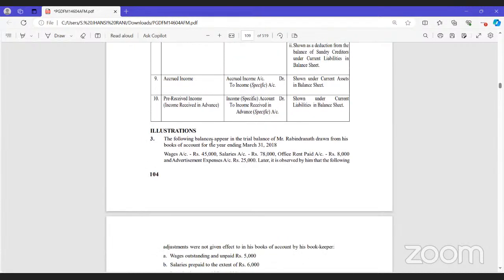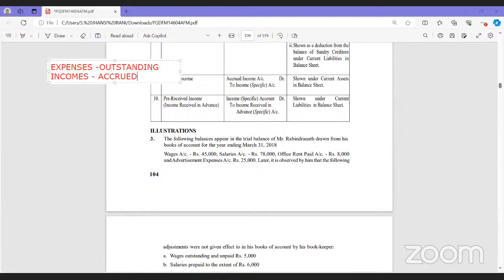Next, we have accrued income. For expenses we call it outstanding, and for incomes we call it accrued.